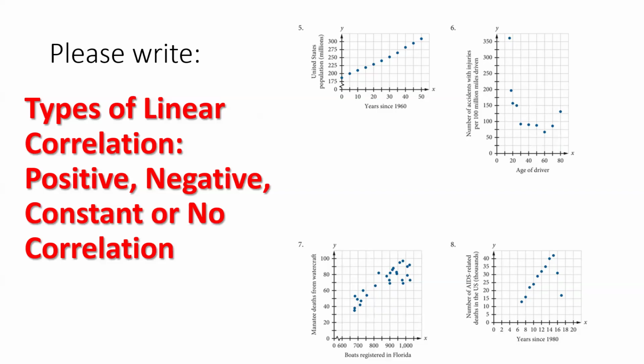On the back, you're determining if it's linear, yes or no, and if it's linear, positive, negative, or constant. If it's not linear, just say it's not linear, but if you want those intrinsic bonus points, you can tell me what other pattern you think would better represent it.